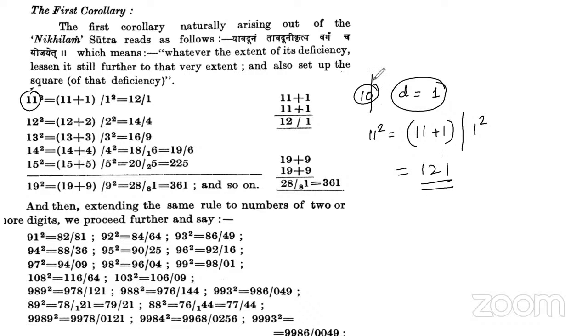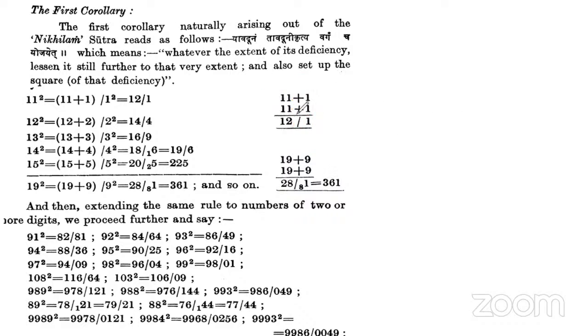See, single zero we have. So a single digit will be fixed in the right hand position. It will literally look like the same thing. Why? Because this is nothing but 11 plus 1 by the cross addition, and this is the product. See, 1 into 1 is 1 square. So Swamiji is representing this total concept in this paper, especially the square concept.